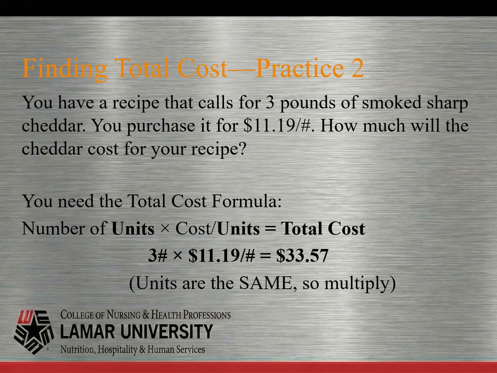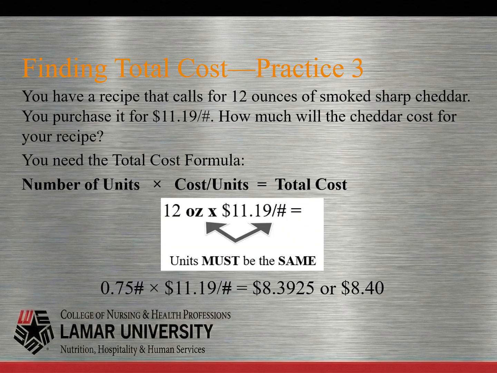So the math would be the 3 units that we need, so 3 pounds, times the cost, which is $11.19 per pound. So the answer is $33.57. This one was pretty easy because the units already matched up.